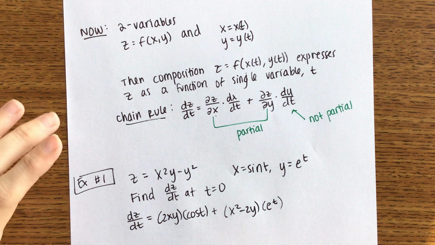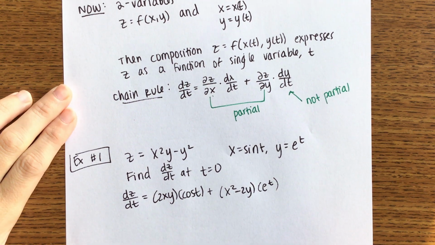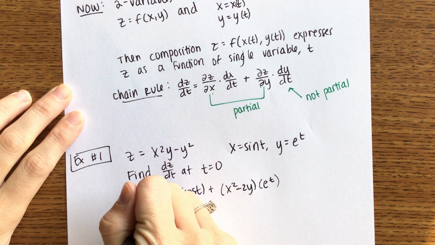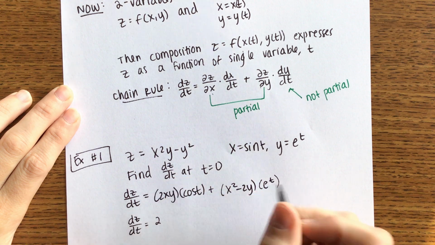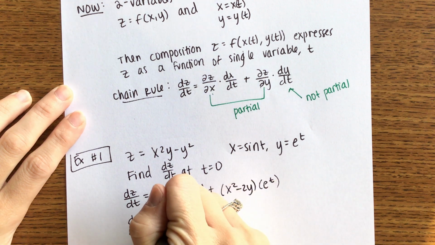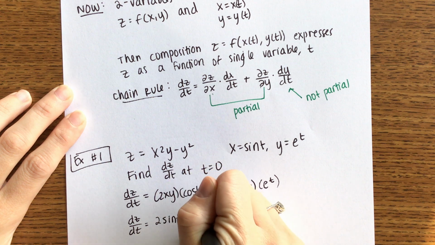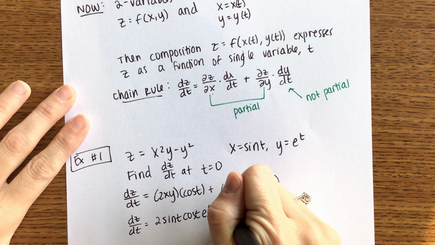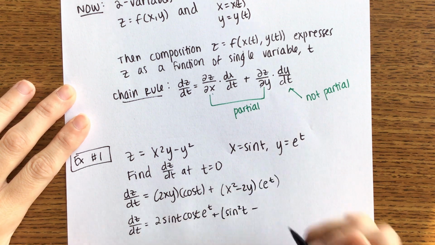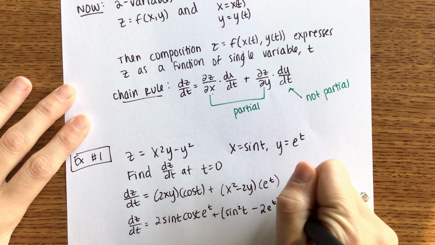Now, we want everything in terms of t. So once you get to this spot, you're going to have to substitute in x and y. Okay, so our x is sine of t, so we get 2 sine of t, cosine of t, and then y is e to the t. x squared is sine squared of t, subtract 2y, so 2e to the t, and then we have e to the t.